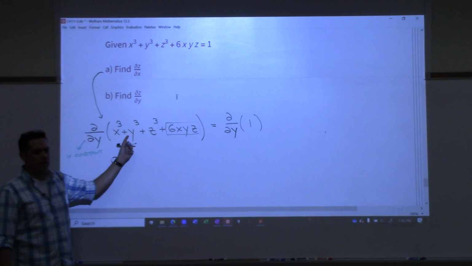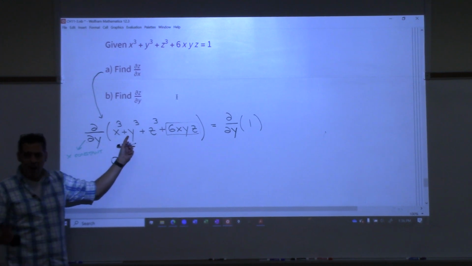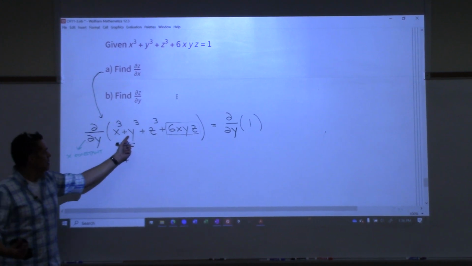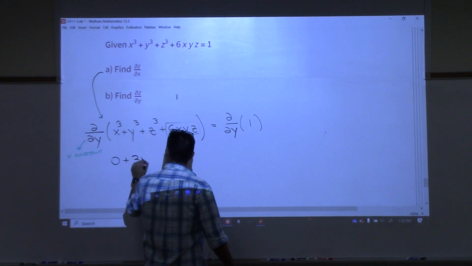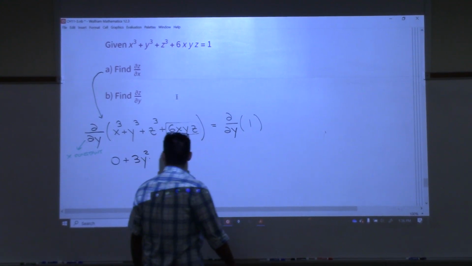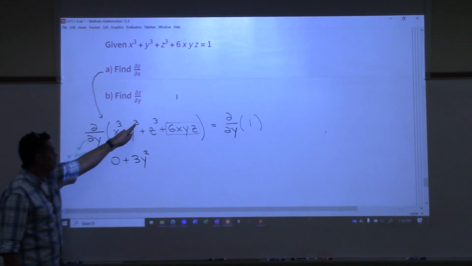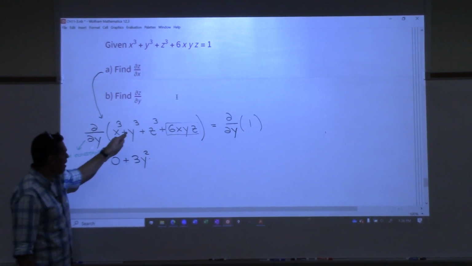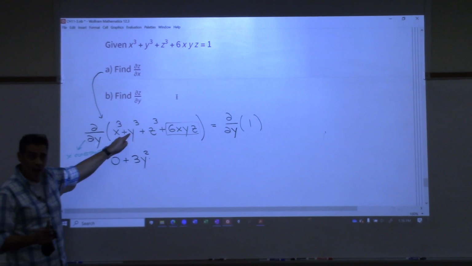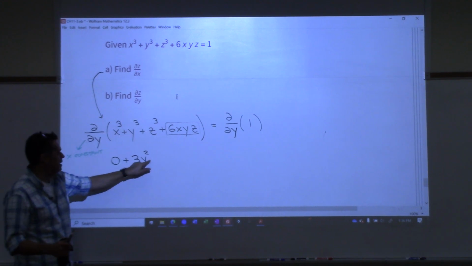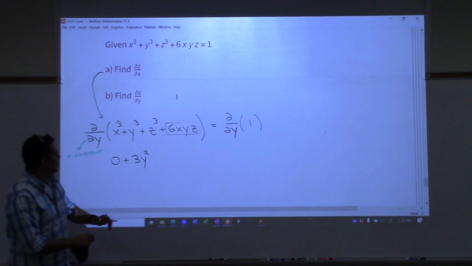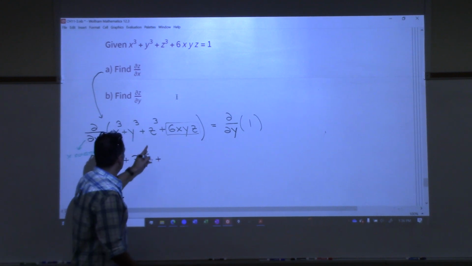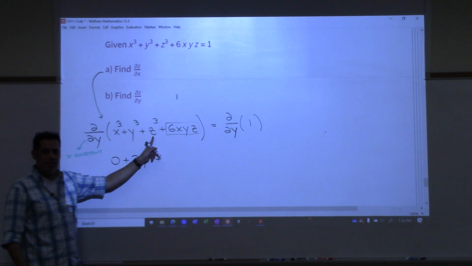Plus, now here we have to use our power rule because y is our variable, right? So it's 3y squared times chain rule. The power came down first, then the derivative of y with respect to y, which is 1. So we don't really need anything else there. Plus, now the derivative of z cubed. Z is not a constant.